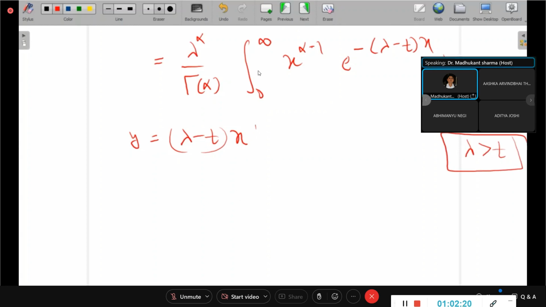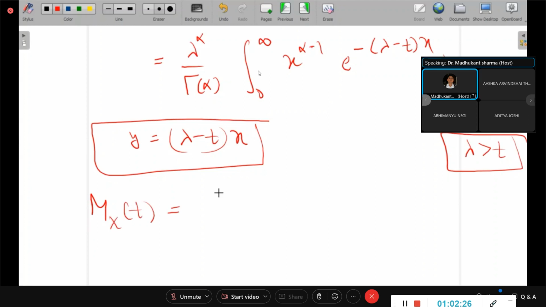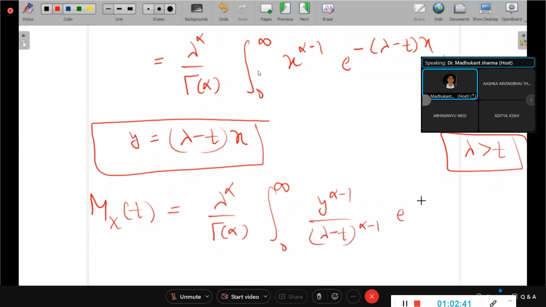So once you have this substitution, M_X of t is equal to lambda to the power alpha by gamma alpha, integration from 0 to infinity. Now x is y by lambda minus t, so you have y to the power alpha minus 1 divided by lambda minus t to the power alpha minus 1, e to the power minus y, and dx is dy divided by lambda minus t.